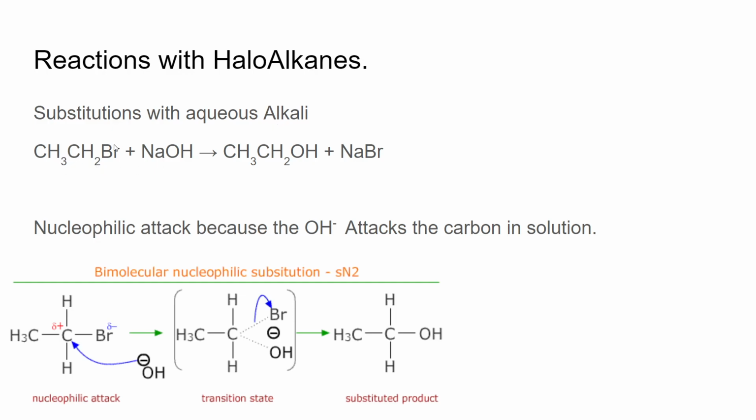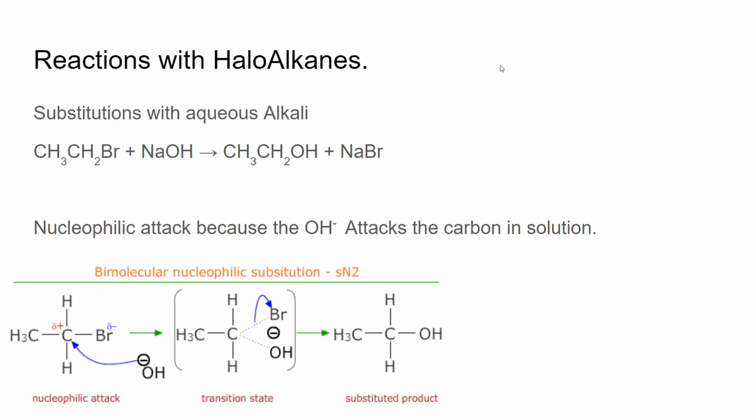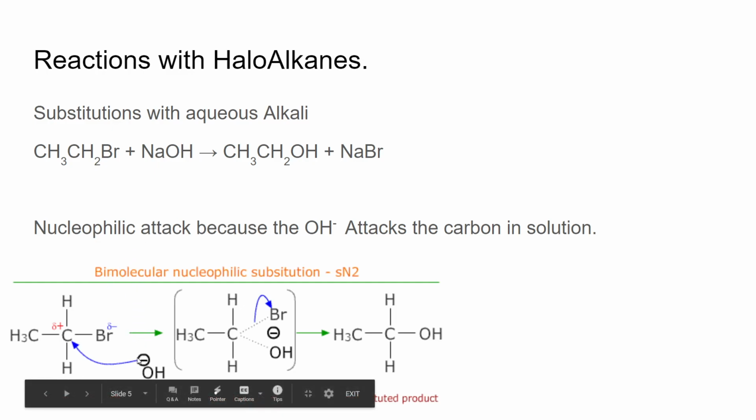When this molecule comes into contact with the alkali, it's going to knock off the bromine, and we're going to make a salt with that bromine. The reason is that the OH group from sodium hydroxide is going to do a nucleophilic attack. It's going to attack the back side of the carbon that has the bromine on it.